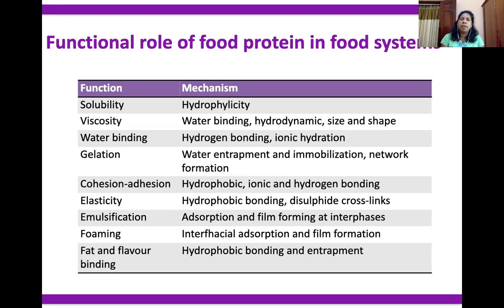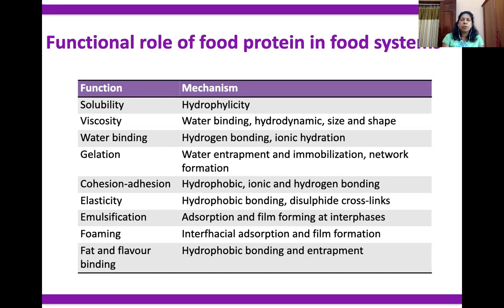If they can denature very easily and then set back again, trapping the water, then gelation will happen. Therefore, if the protein has immobilization abilities, water entrapment abilities and network formation abilities, definitely gelation is there.